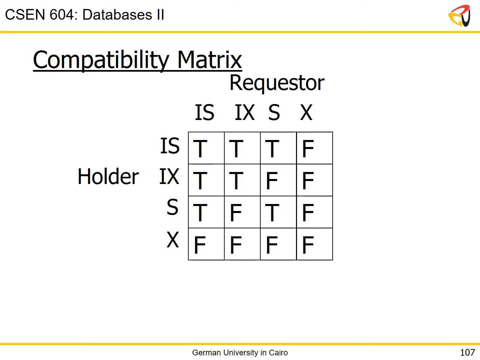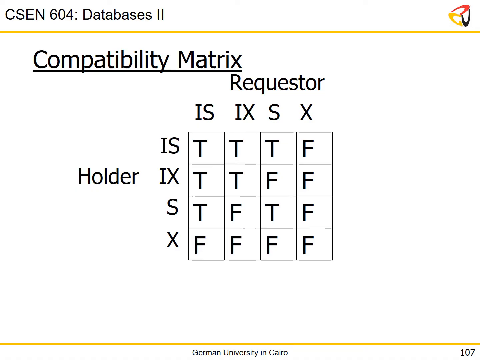Same thing for intention exclusive. However, requesting a shared, which means read the whole thing from the node you're at downward, is not allowed, because if someone already has intention exclusive, it means he is later going to write. So you cannot allow another transaction to read the whole thing while someone is writing part of it. And obviously exclusive is also not allowed.